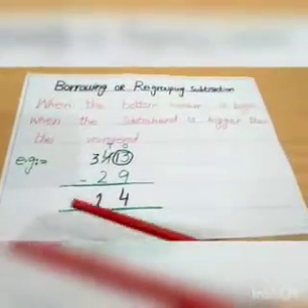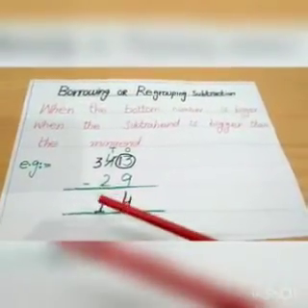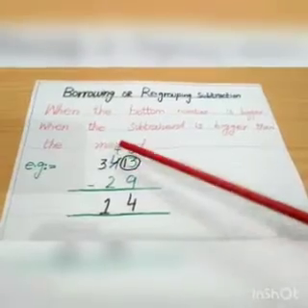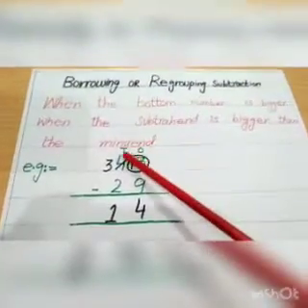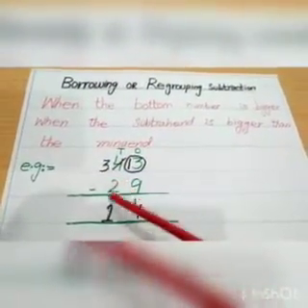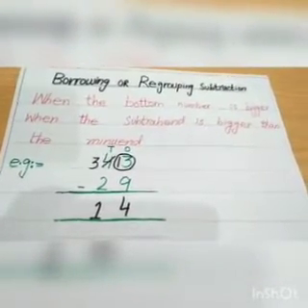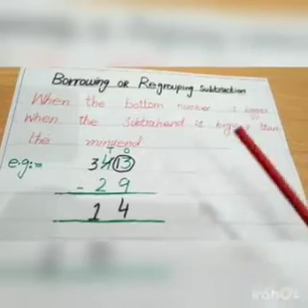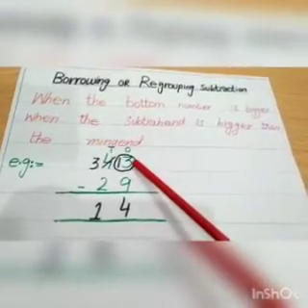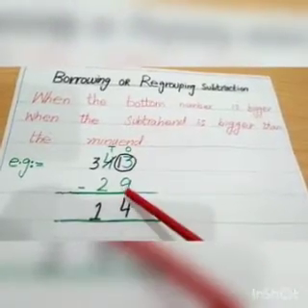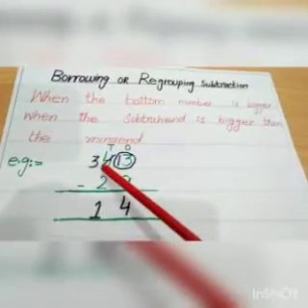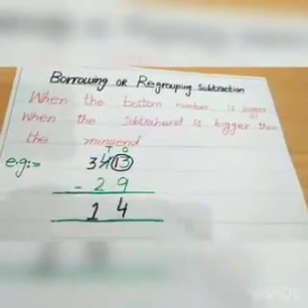Now we use the new number 4 in the tens place. 3 minus 2 equals 1. So in borrowing, you borrow from the next place value. For example, 3 is smaller than 9, so we borrow from the next place value.